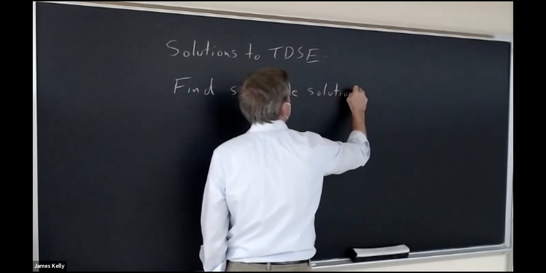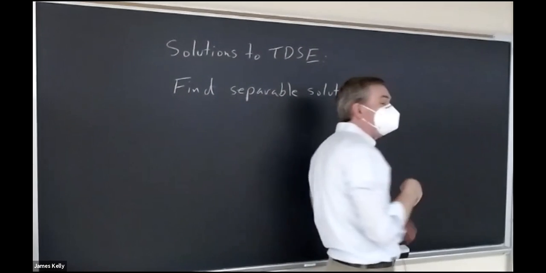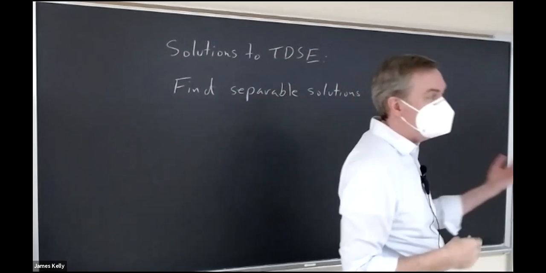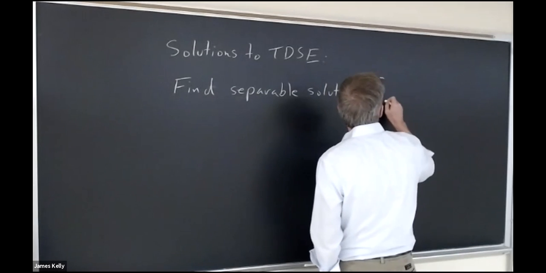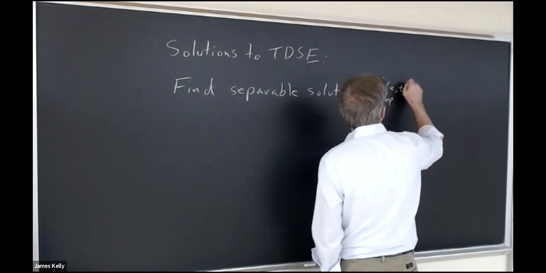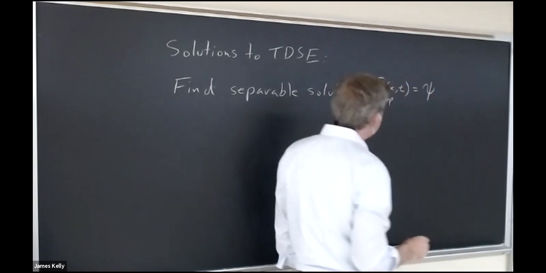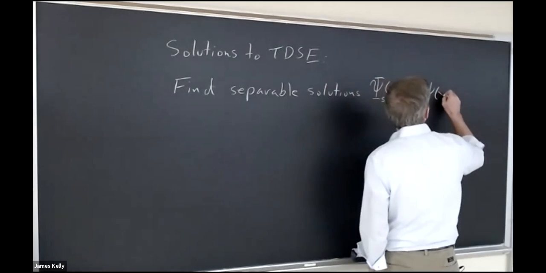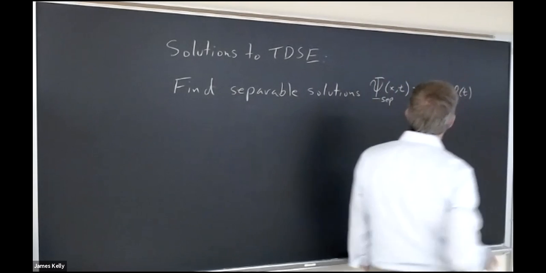And they were solutions that means product essentially forms. They separate into a product of a space factor and a time factor. So these special solutions, we might call them separable solutions, which are functions of x and t, are denoted by lowercase psi of x times lowercase phi of t.